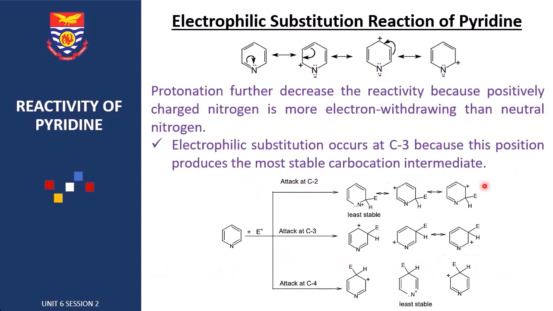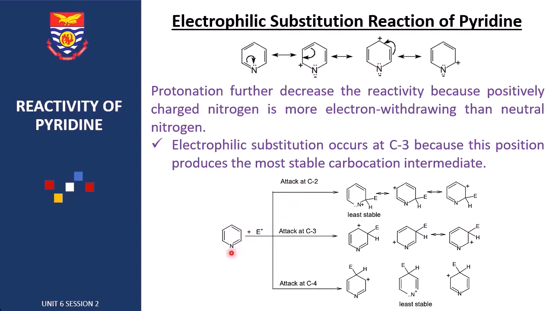Next is to look at the position where an incoming electrophile would go. Assuming we activate the ring, which part of the ring does an incoming substituent, which is an electrophile, go to? So we have our pyridine plus an electrophile. We can look at attack at carbon number 2.